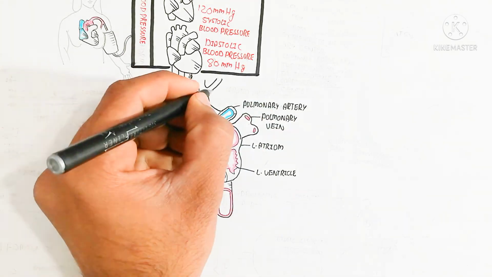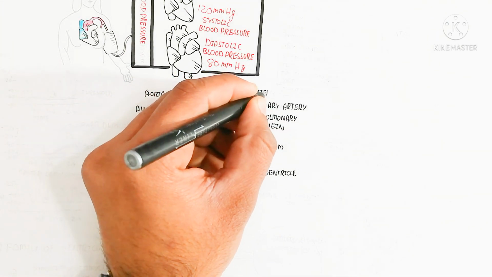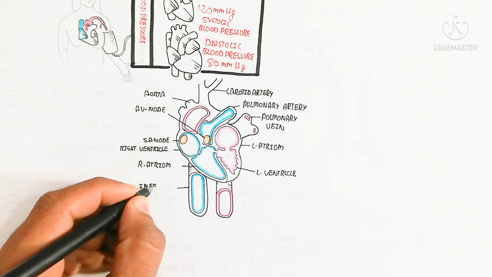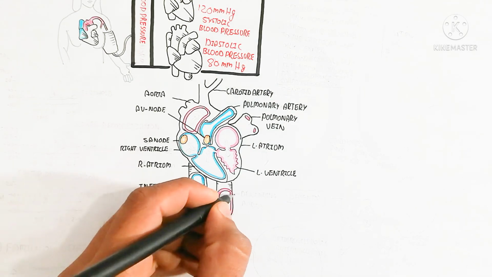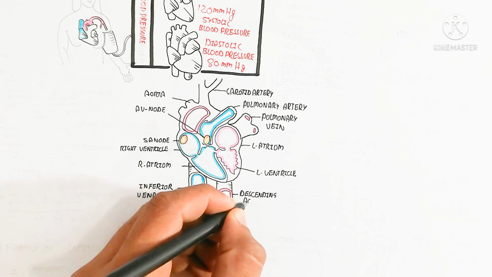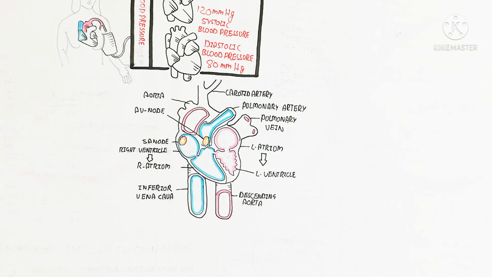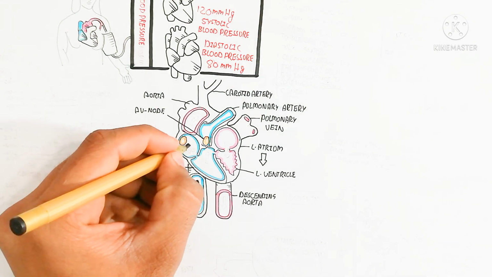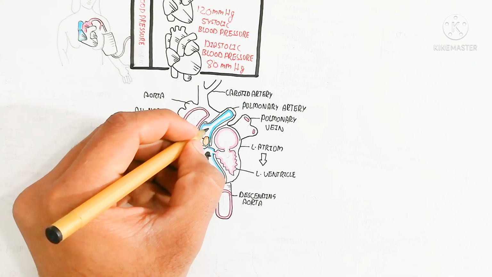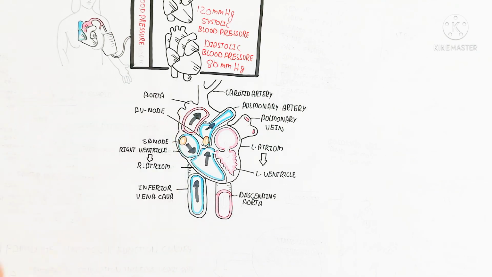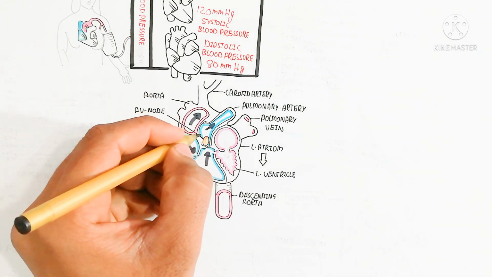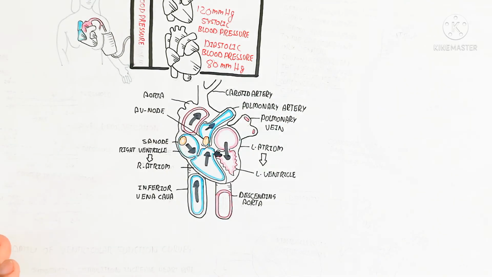The right atrium and right ventricle handle the deoxygenated blood, which moves from the superior and inferior vena cava toward the right atrium and then the right ventricle, while the left atrium to left ventricle receives blood through the pulmonary vein, which is the oxygenated blood.